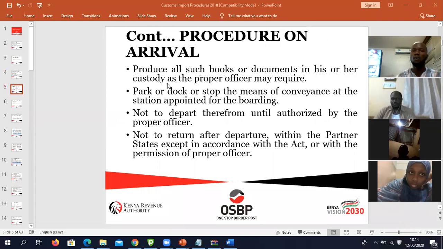Four, produce all such documents in his or her custody as a proper officer may require. Next point, park or dock or stop the means of conveyance at the station appointed for boarding.